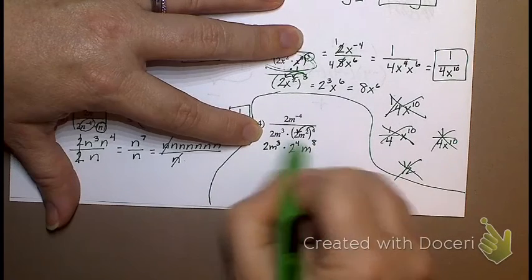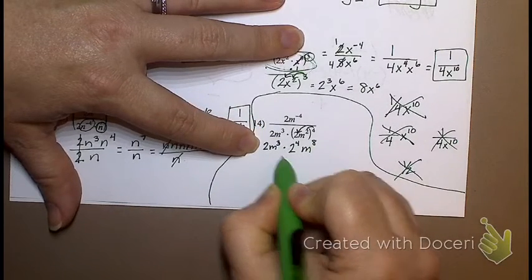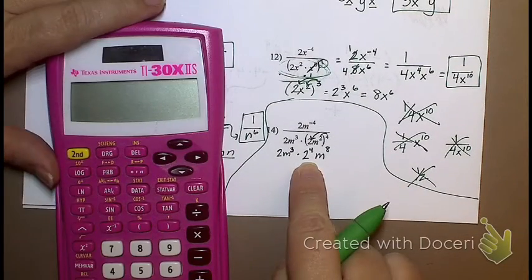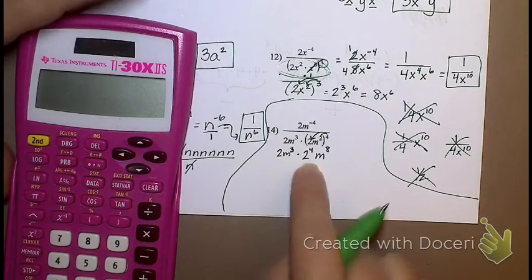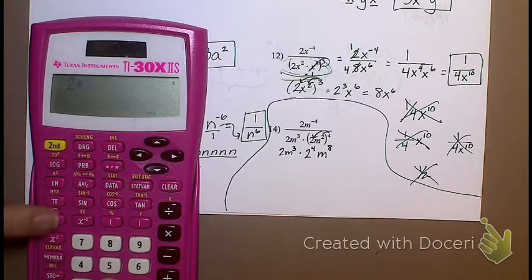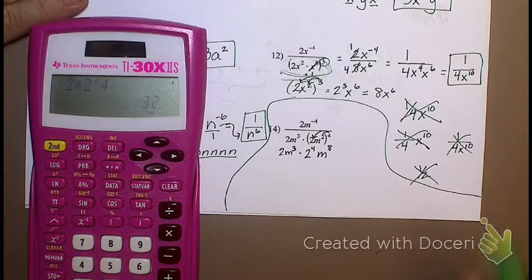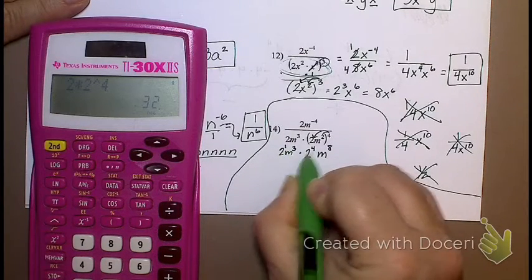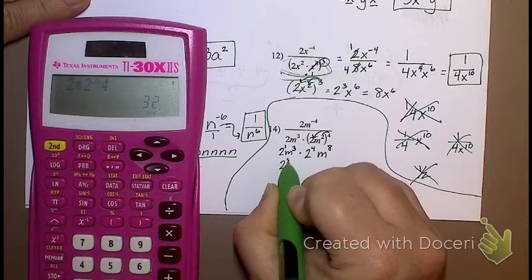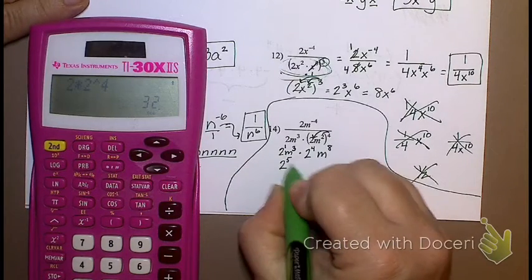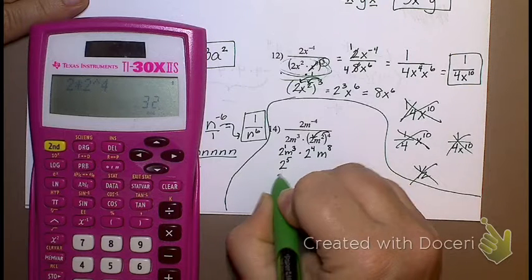So this is what my denominator should look like. So it's really, what is 2 times 2 to the 4th? 32. I could also think about it as 2 to the 1st times 2 to the 4th, and that gives me 2 to the 5th, which is 32.